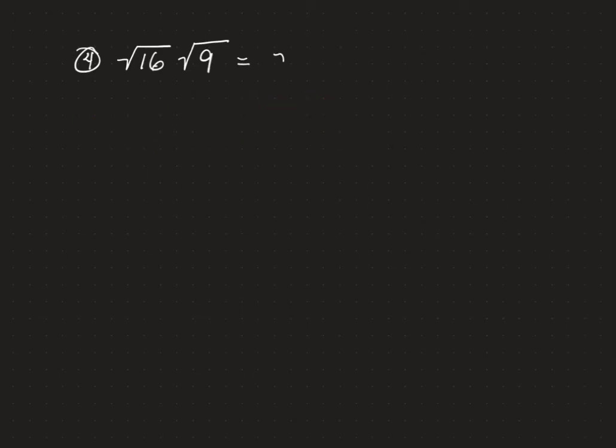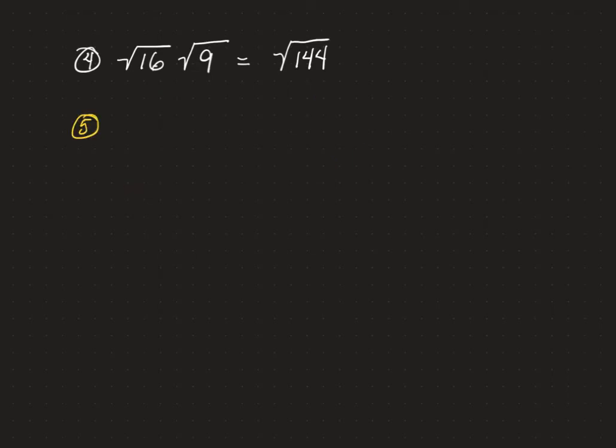So this should equal the square root of 144. Let's check to make sure that's true. So working down this way and working down this way, I'm going to say the square root of 16 is 4, square root of 9 is 3, and that's equal to 12. And the square root of 144 is 12. So yes, that is true.